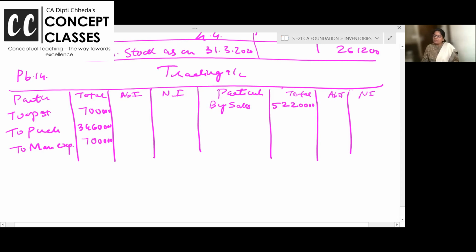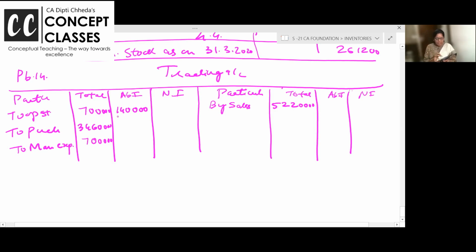Total column, right? Now in opening stock, a sum of 60,000 was written off, which was originally of 2 lakh. So can I say in opening stock still 1,40,000 is there? 1,40,000 is abnormal opening stock. 2 lakh ka tha, 60,000 you have already written off. So 140 is your abnormal opening stock.